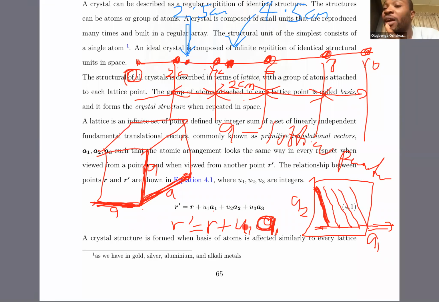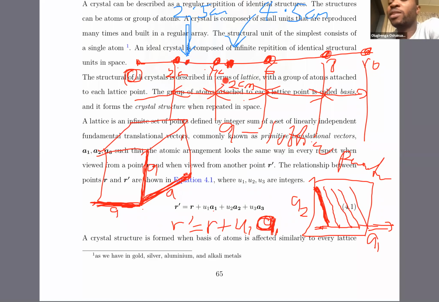So when U1 is 1, that is when the ant travels from this point to this point. When U1 is 2, then we'll be talking about 6.5. When U1 is 3, we'll be talking about 8.5. And what is our A1? Our A1 from this expression is 2 centimeters.